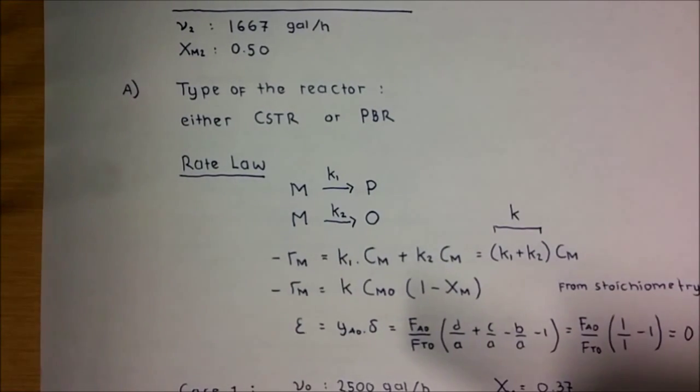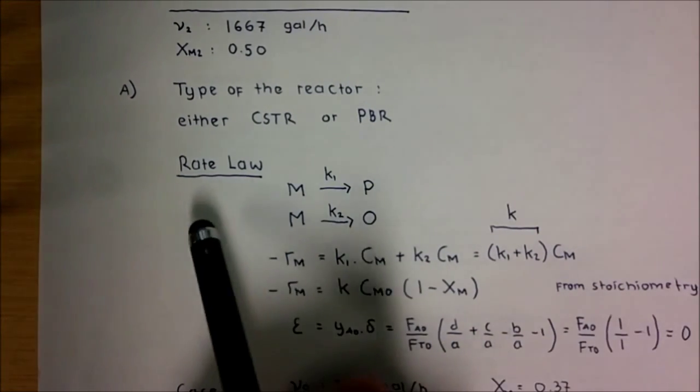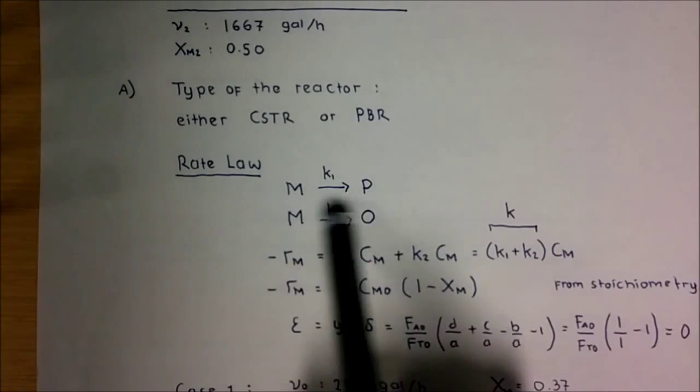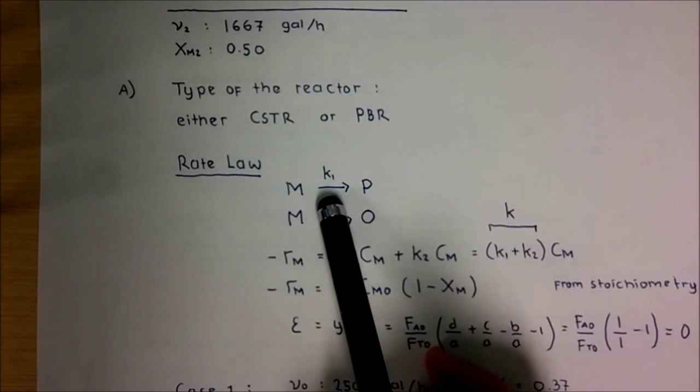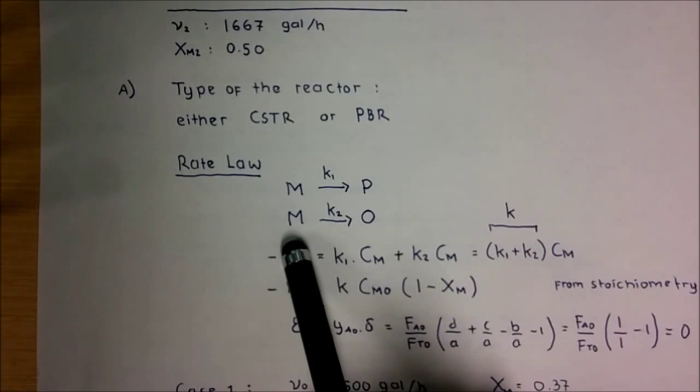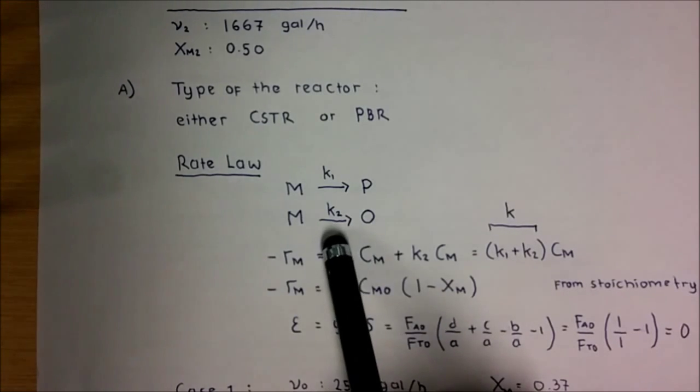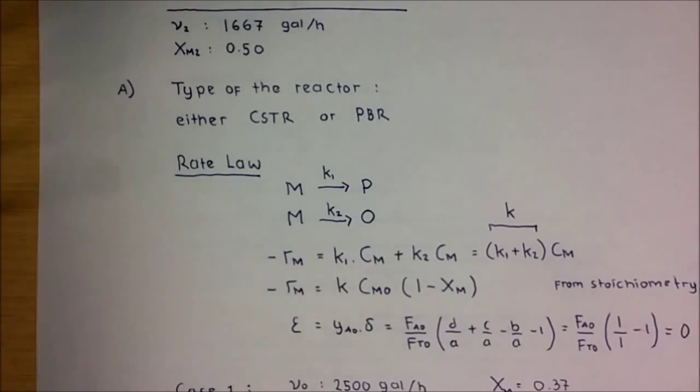Based on the rate law, we can write down, for example, methacillin goes to parasilane, with rate constant K1. And for methacillin to orthosilane, we're going to have K2 as a rate constant.